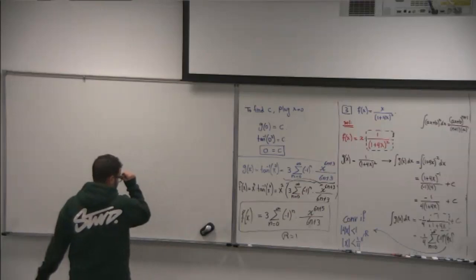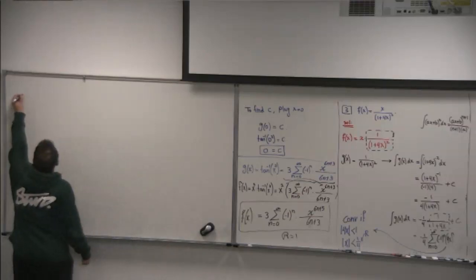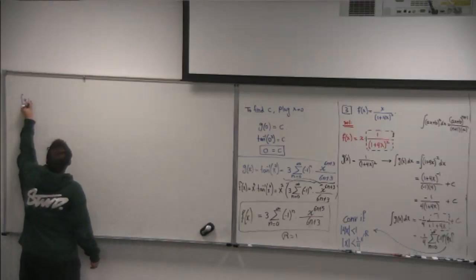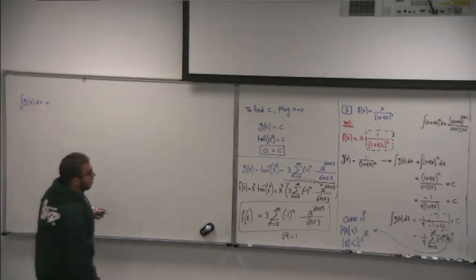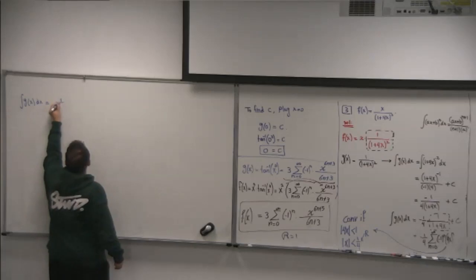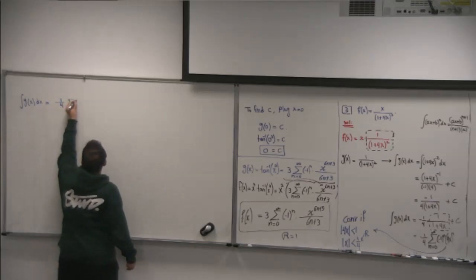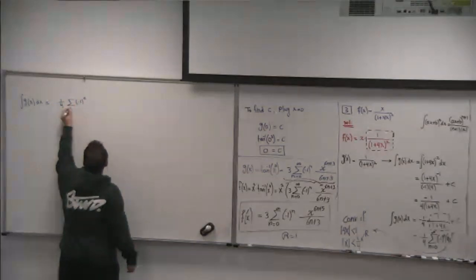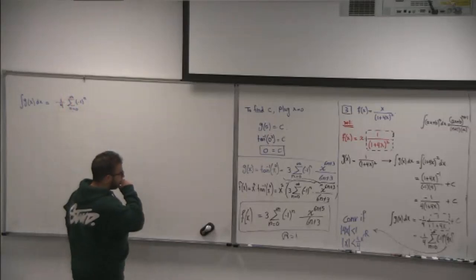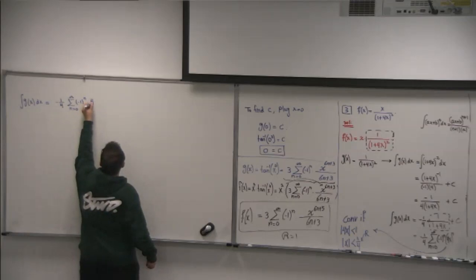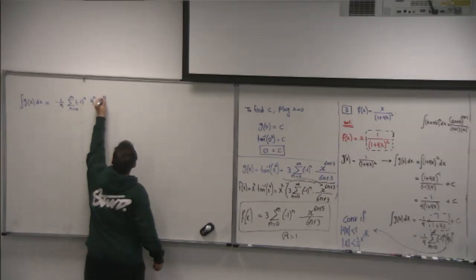So again, let's write it neatly. The integration of g of x is minus 1 over 4, the series of minus 1 power n, 4 power n x power n.